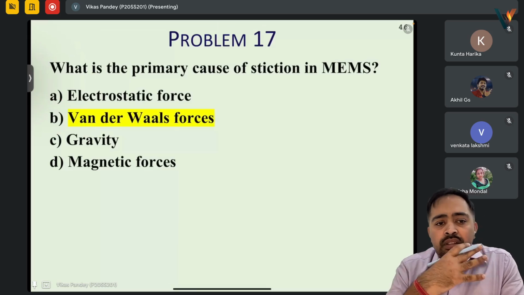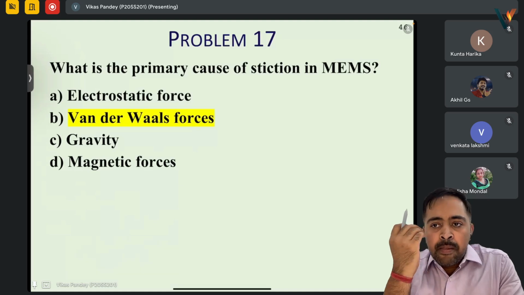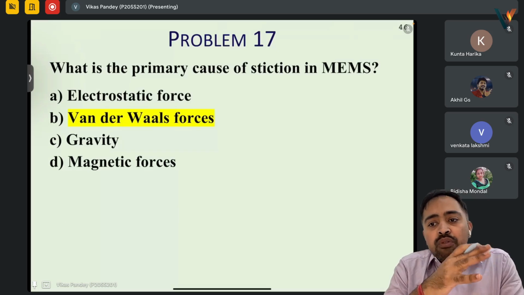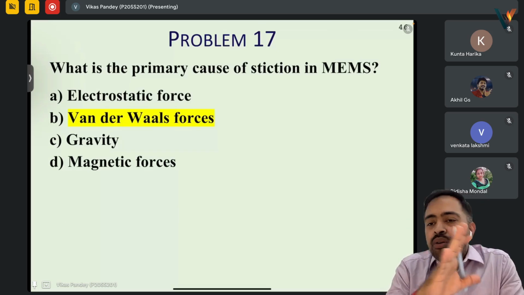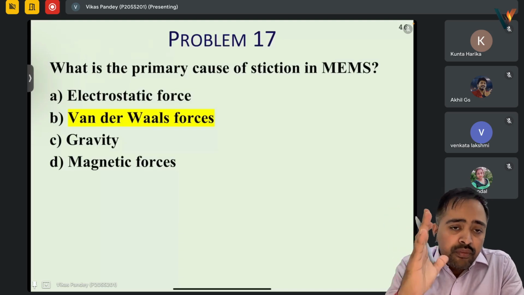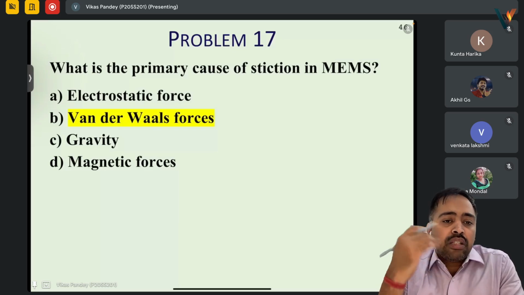Gravity is irrelevant in MEMS because the mass of the bodies is too small. Magnetic forces are not there unless purposefully introduced. Now, some materials with magnetic properties are being explored.